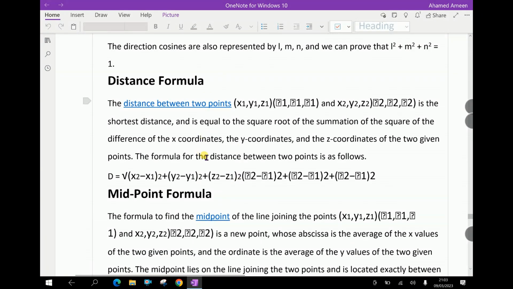Also in three dimensions, the distance formula we can represent like d equals the square root of (x2 minus x1) whole squared plus (y2 minus y1) whole squared plus (z2 minus z1) whole squared, under the square root.